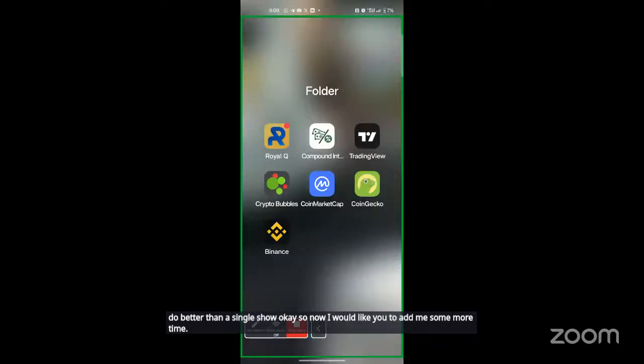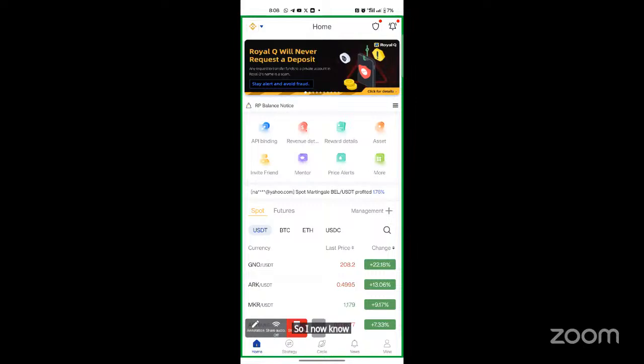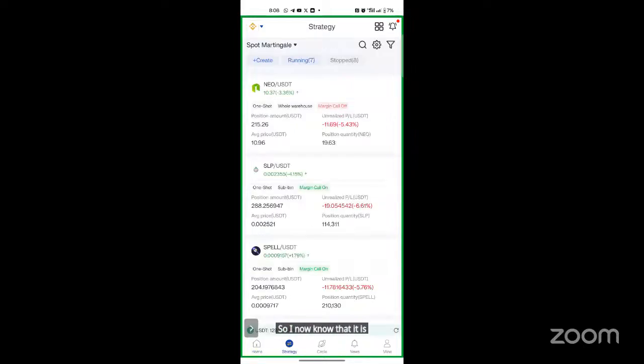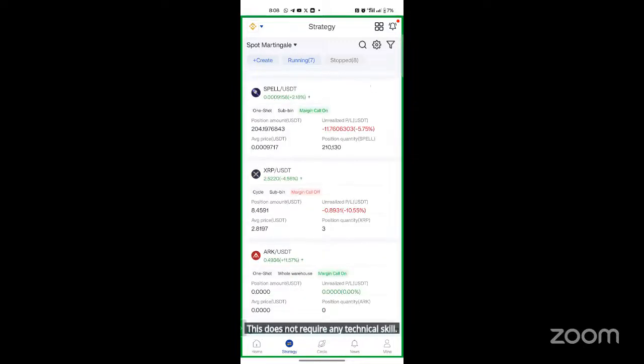Okay, so I now know that it is very easy. This does not require any technical skill, but I have also come up with a list here. Let me try to see if I can share it, of some of the coins. I have a friend of mine who's a very rich man.